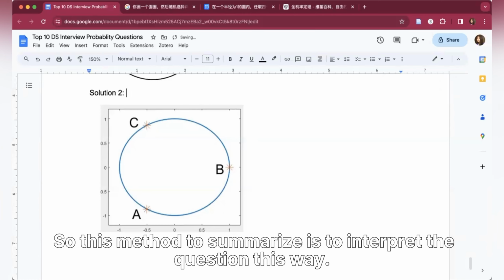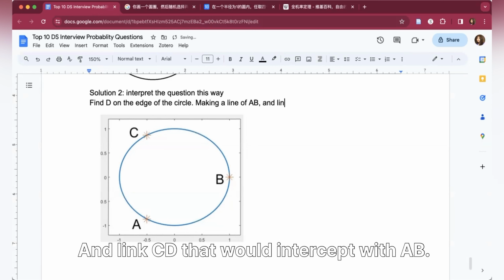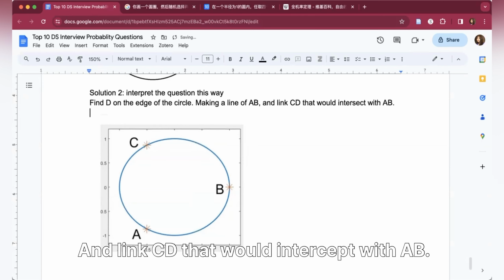So this method, to summarize, is to interpret the question this way. Find D on the edge of the circle, making a line of AB and linking CD that would intersect with AB.